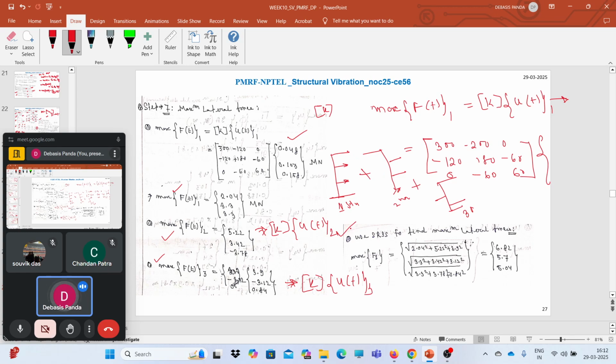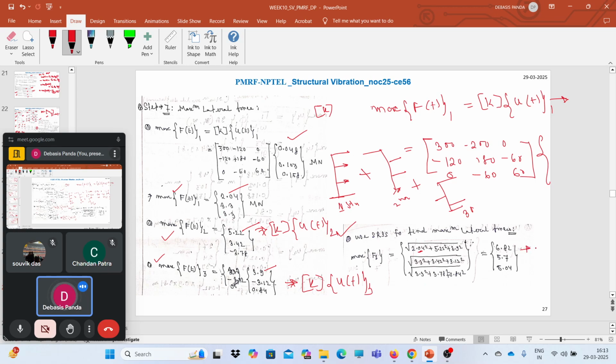So here we will use SRSS again. SRSS means you need to sum the squares of the maximum values. So this is F11, this is F21, this is F12, this is F13. Likewise, for the three modes, we can easily calculate.